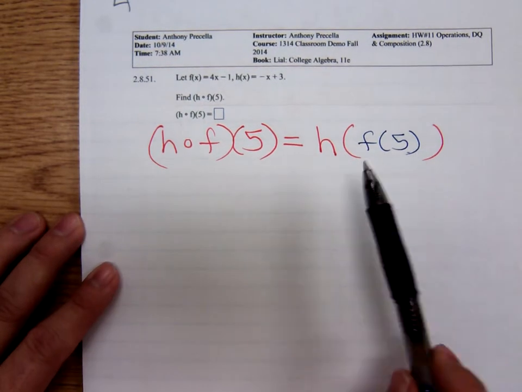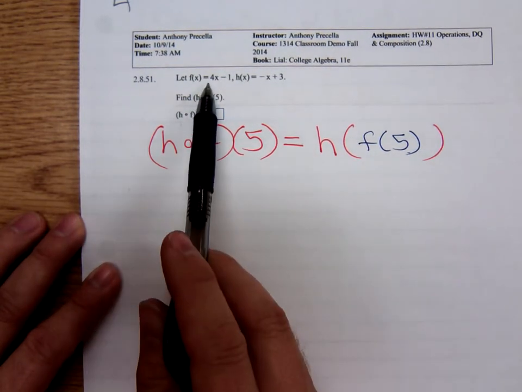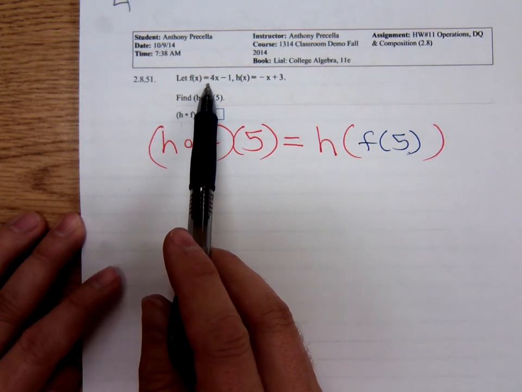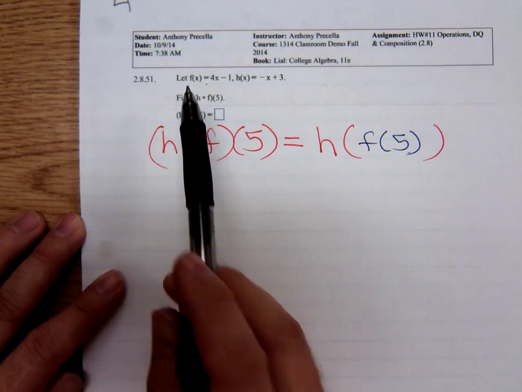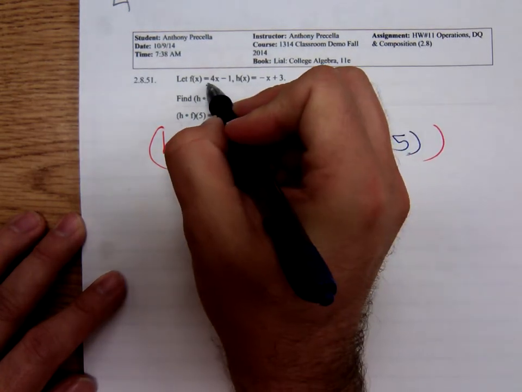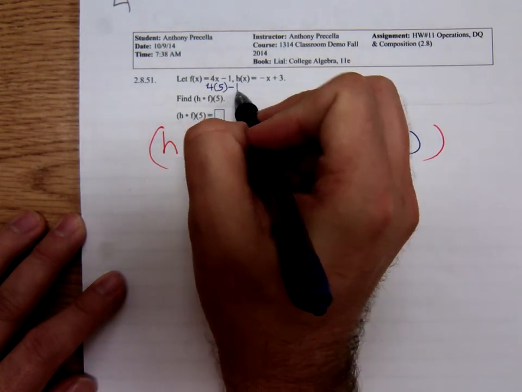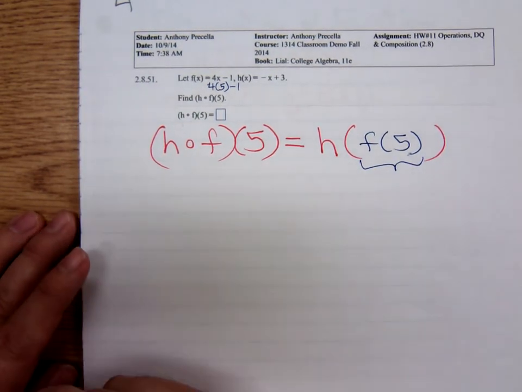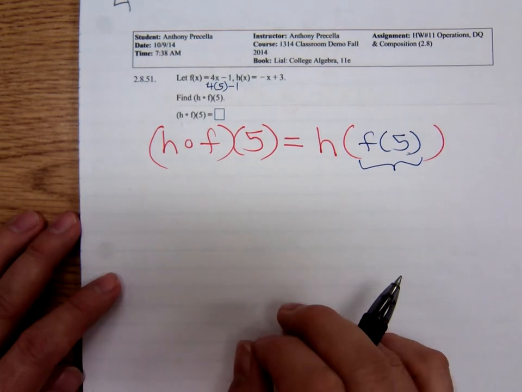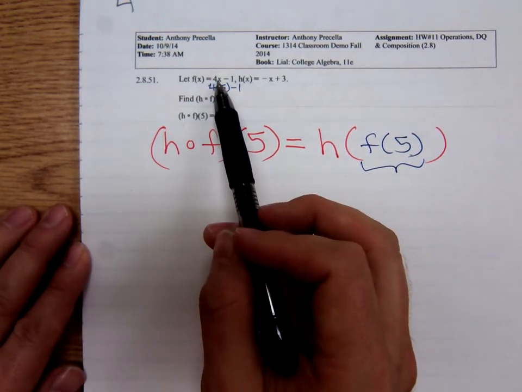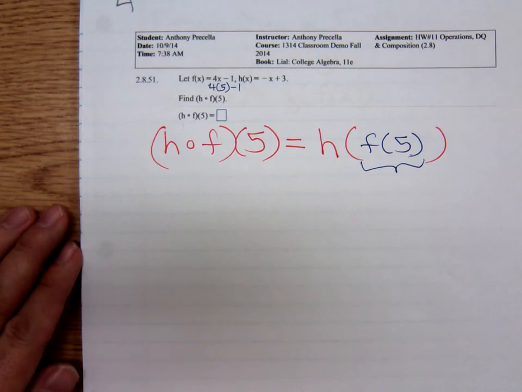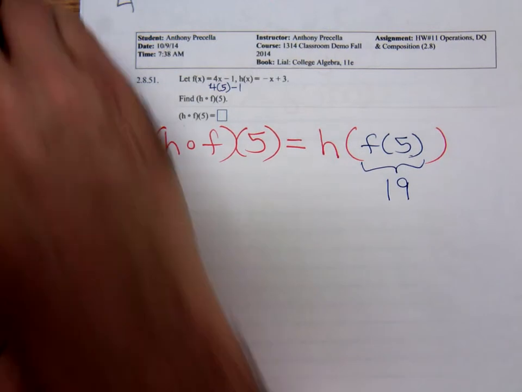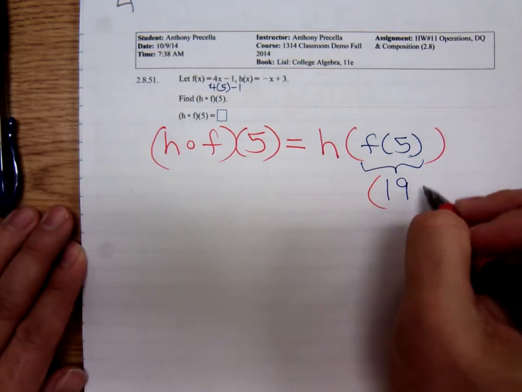What is f of 5 saying to do? You come up here to f, and wherever you see an x, you plug in 5. So far, you have a 4 times a 5 minus 1. What's f of 5 giving me? We plugged 5 into f, and what's that reducing to? 19, I agree. 20 minus 1 is 19.